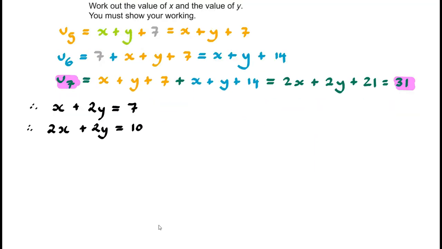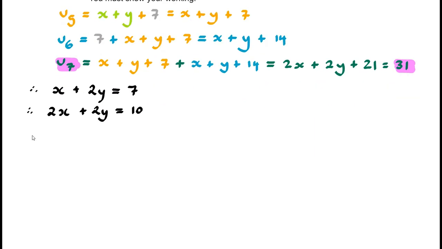So at this point, what we can do is find out what x and y are by subtracting the equations. The y's are the same. 2x subtract x is just x. 10 subtract 7 is 3.